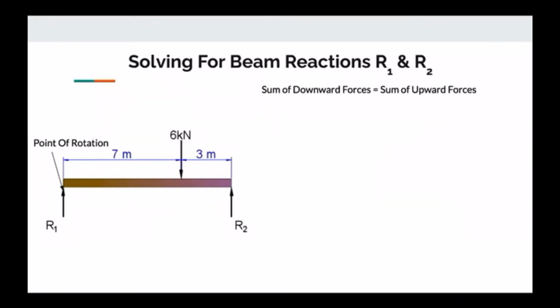And you'll see, once we find one of the forces, we can use this rule to find the other force. The second rule that will be critical in finding the answer is that the sum of clockwise moments must be equal to the sum of anti-clockwise moments.